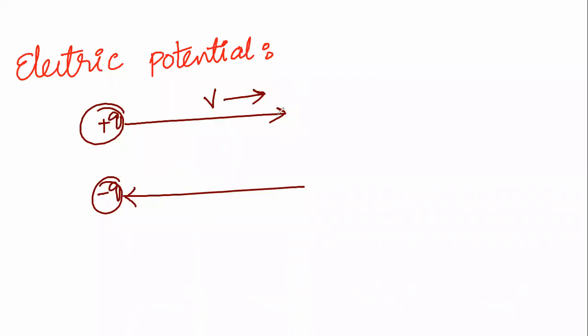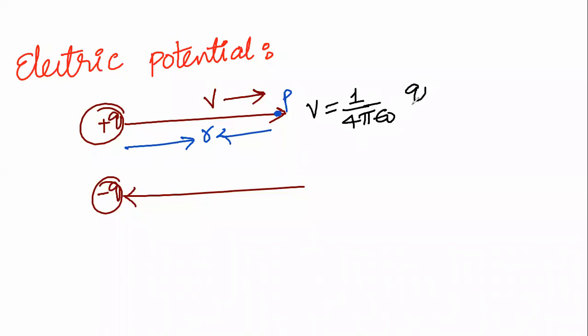Let us suppose the electric potential at a point P, which is at a distance small r from the charge Q. Then V is equal to 1 by 4 pi epsilon naught into Q divided by r.